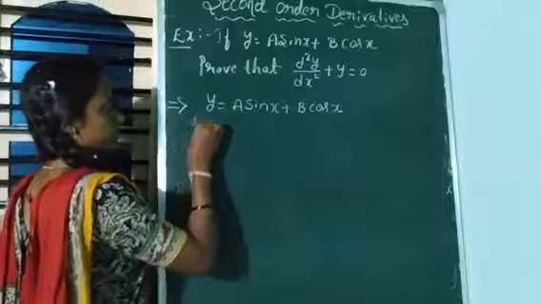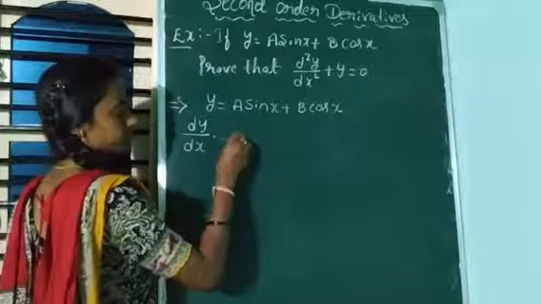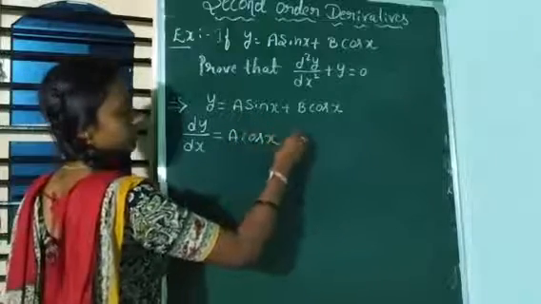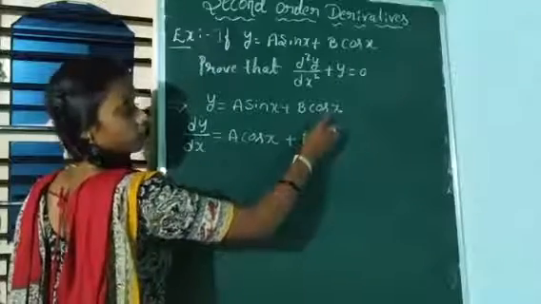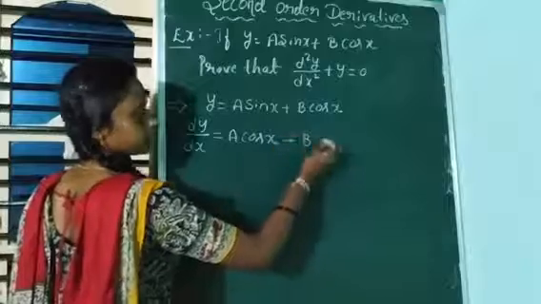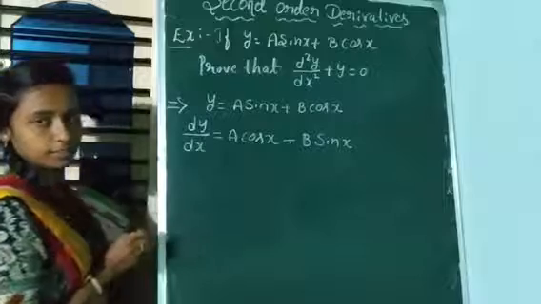Differentiate this with respect to x. That is dy by dx, which is equal to a, a constant, times the derivative of sin x, which is cos x, plus b times the derivative of cos x, which is minus sin x. I'll write it directly: minus b sin x. Clear?